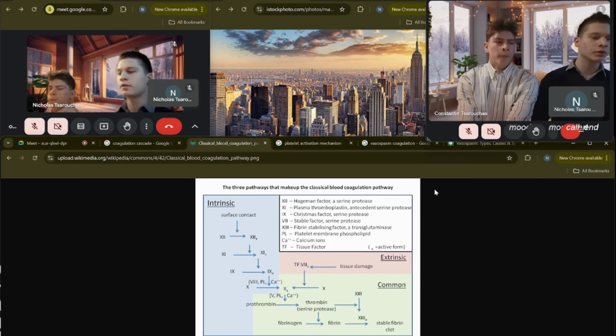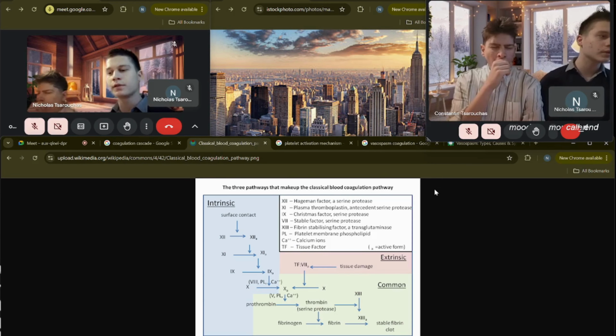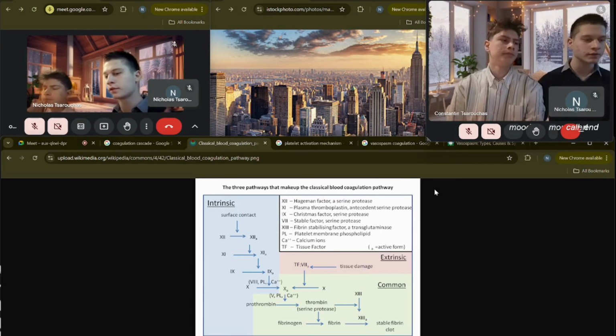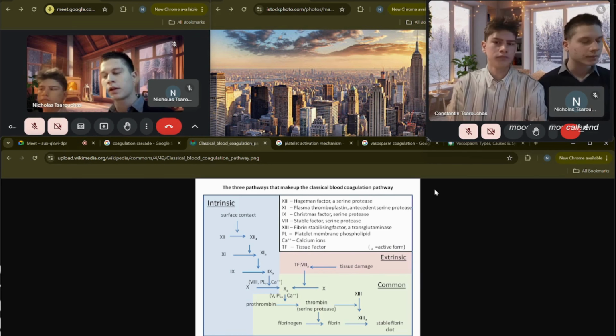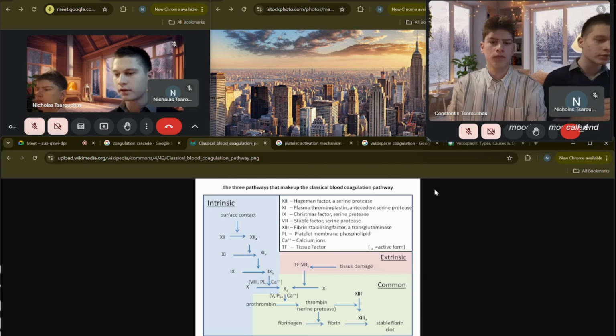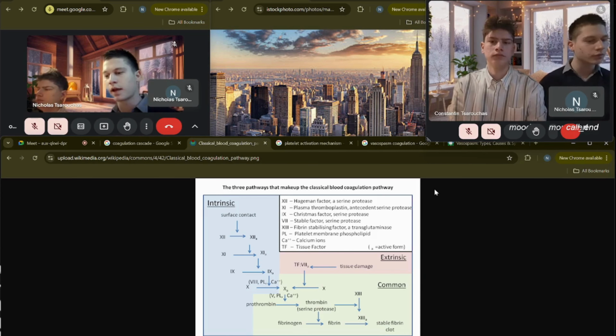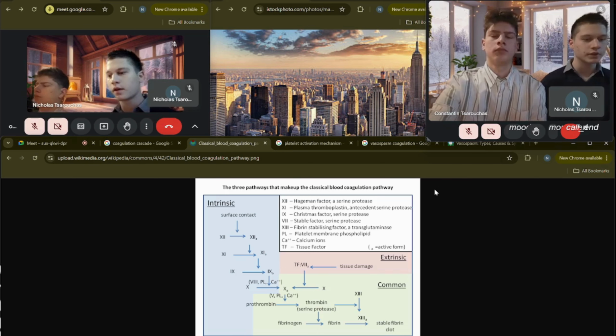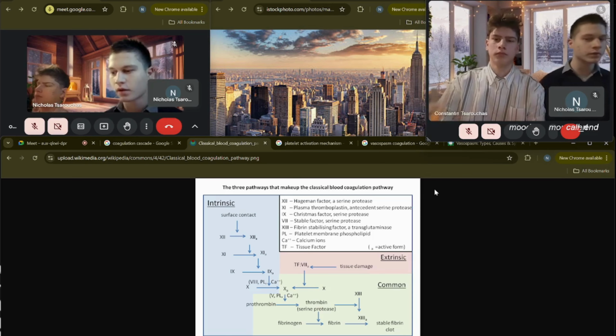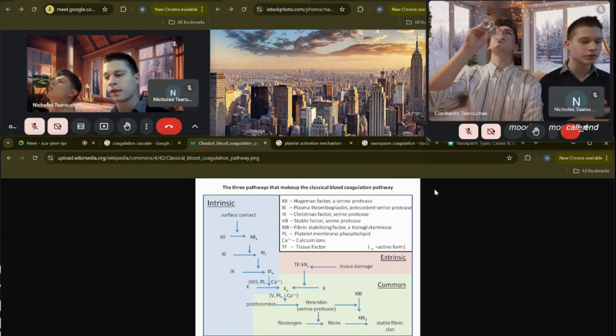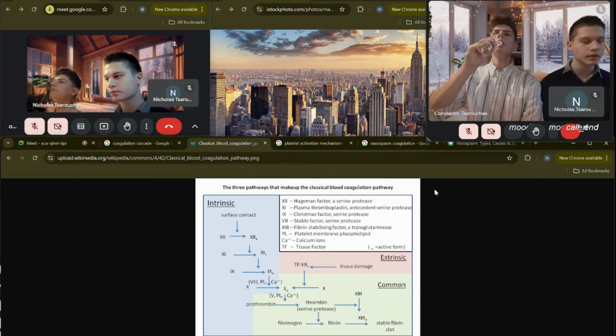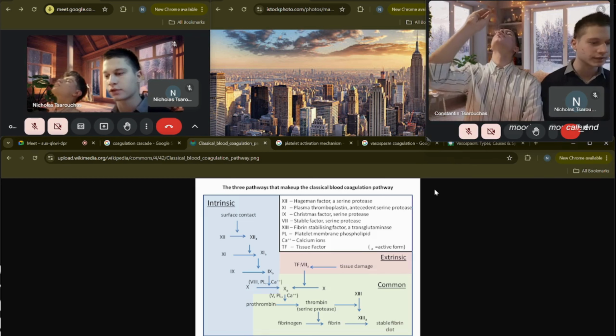Then your heparins, which are large and charged glycosaminoglycans, activate your antithrombin 3, an enzyme that controls the activation of the coagulation cascade.